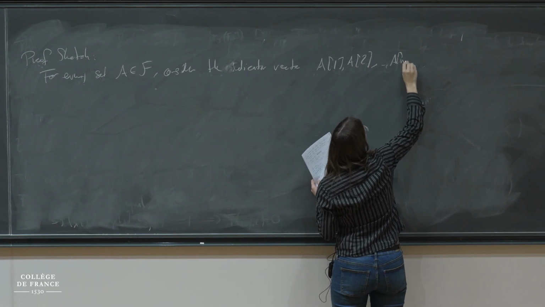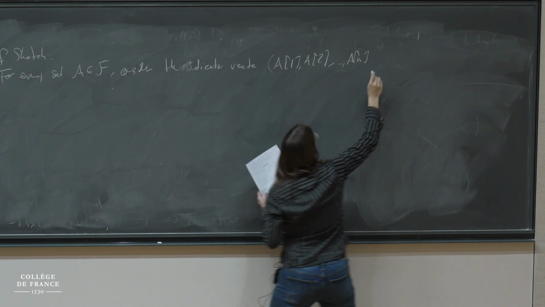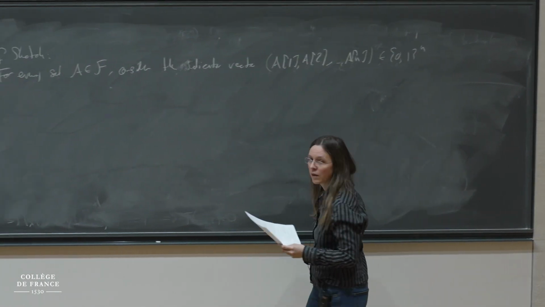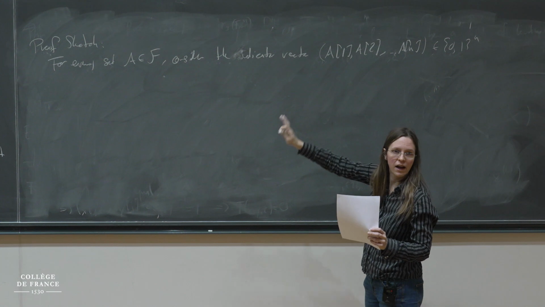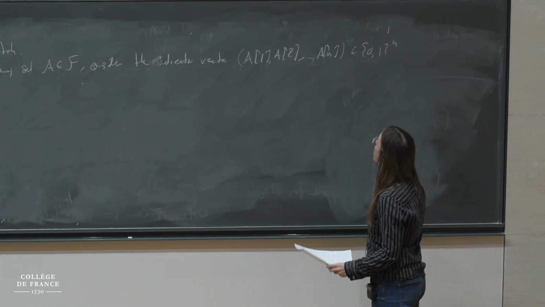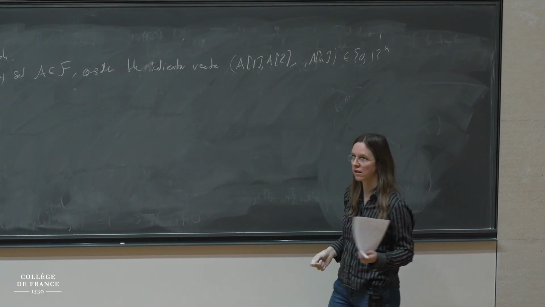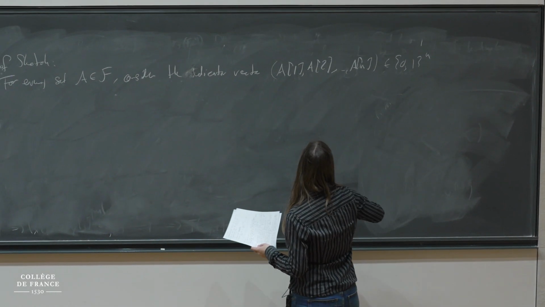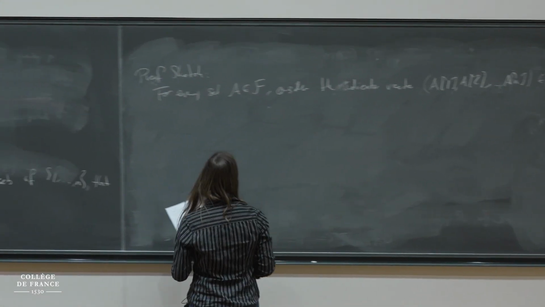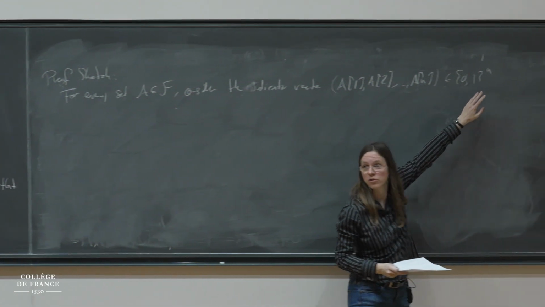So again, I put the entries, the coordinates, in square brackets. So that's a vector in {0,1}^n. So by abuse of notation, I identify the set with its indicator vector. So that's a 0,1 vector, which has a 1 in the positions of the elements contained in A and zeros in the other positions. So A[j] is 1 if j is in A, and otherwise A[j] is 0. Okay, so this way we can now interpret F as a family of vectors in {0,1}^n.